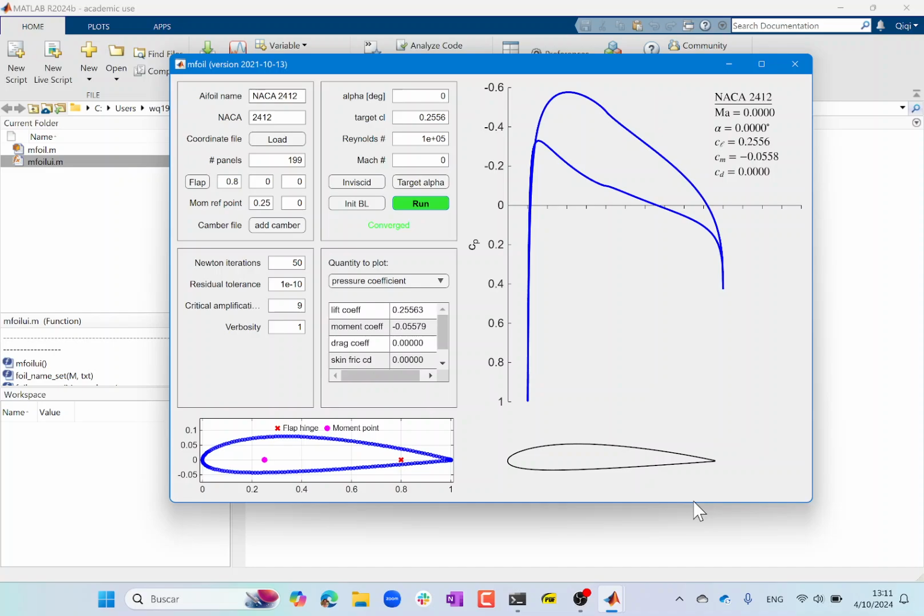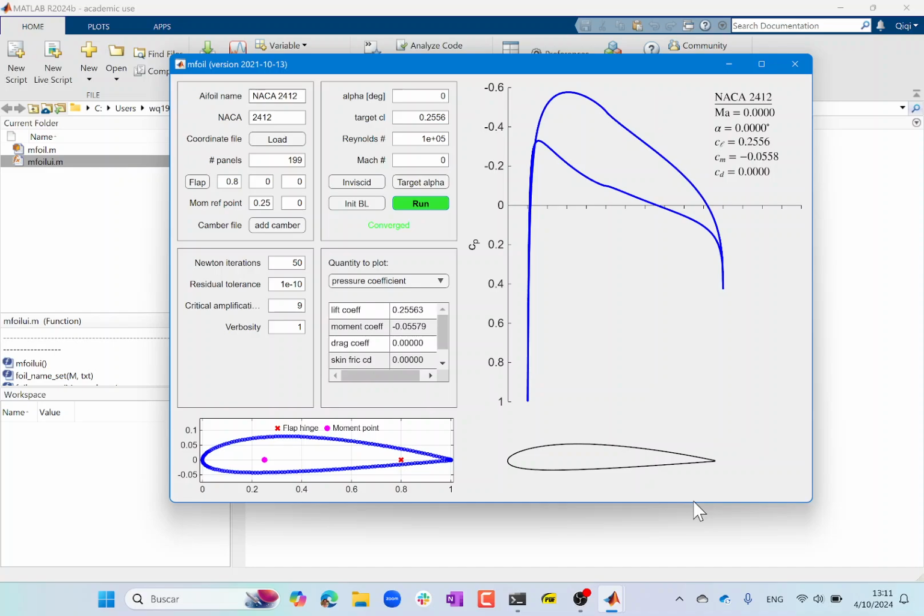If you just download the Windows only version, that'll be something you don't have to compile to be able to run. Anybody else need some help? I see Xfoil open. Okay, good.